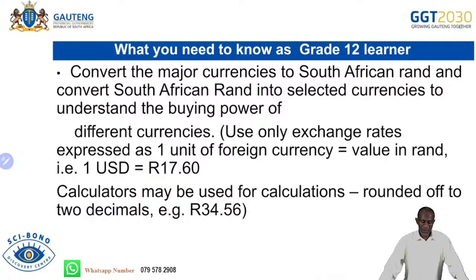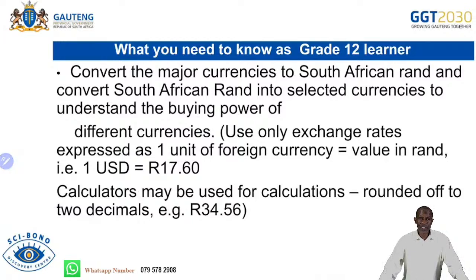For example, 1 USD, United States American dollar, as one unit, as expressed here, equals 17 rand and 60 cents. It's its equivalent in rands.